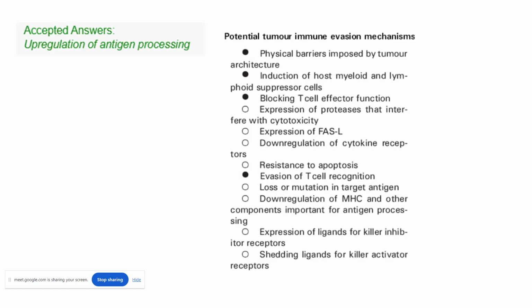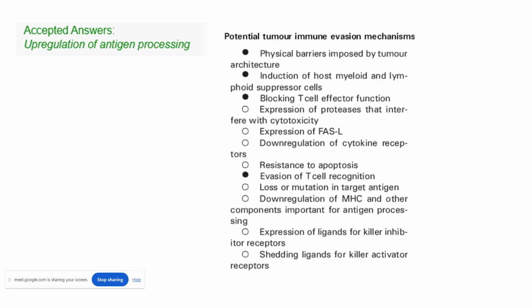It would be upregulation of antigen processing. So, most common potential tumor immune evasion mechanisms include physical barriers imposed by the tumor architecture. It's very complex, so it is difficult for immune cells to interact with the inner cancer cells, or the complexity of the structure that the cancer cells provide.